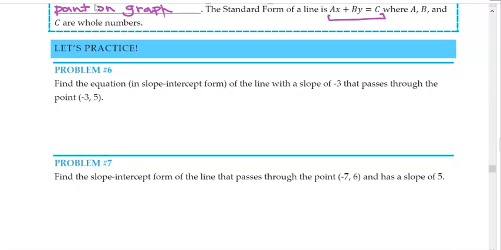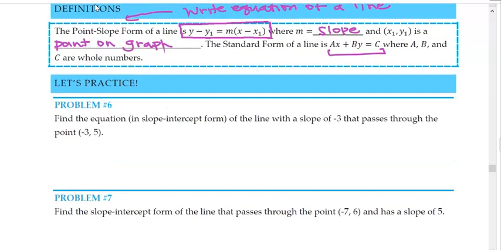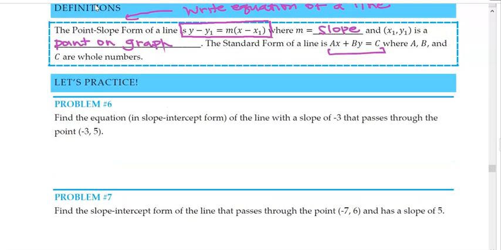All right, so let's do some writing of an equation of a line on some of these that we're going to practice. So this time it tells us we've got a slope of -3, and it passes through the point (-3, 5). So this is my x1 and this is my y1. And then I'm going to use this formula up here, y minus y1 equals m times x minus x1. So this x and y in here, we're not putting any values in for that.